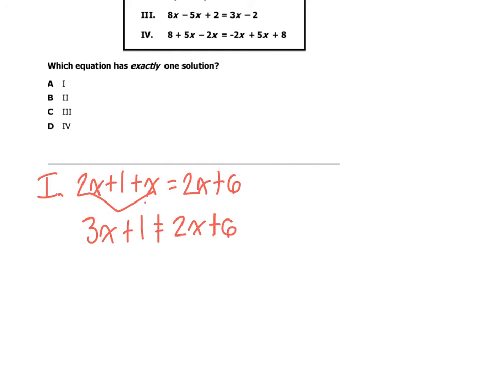I'm going to move my 2x from my right side to my left side by subtracting 2x, because my 2x is positive. So 3x minus 2x gives me x. I have x plus 1 equals 6.